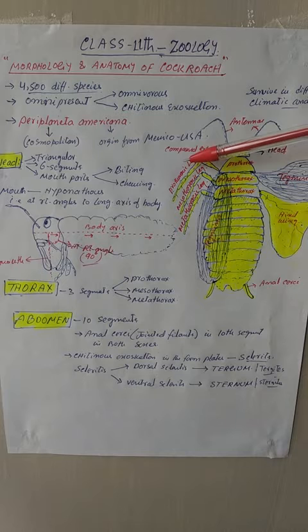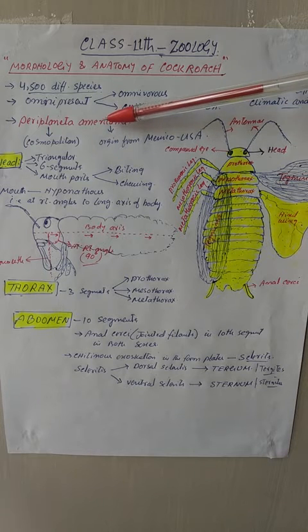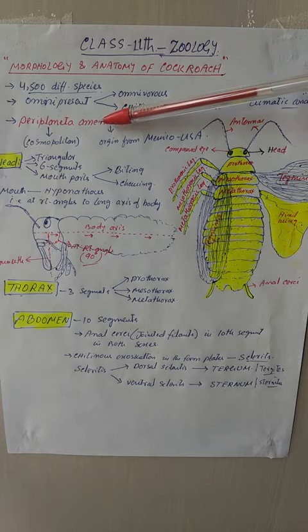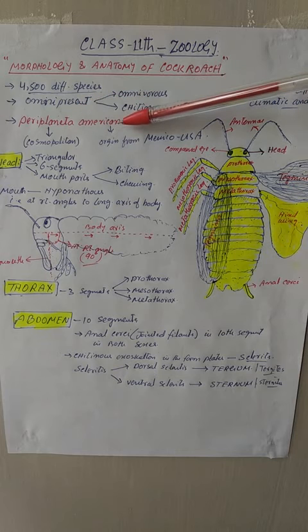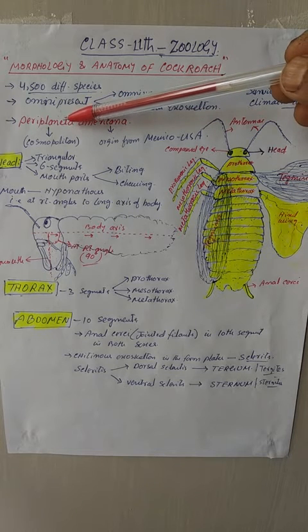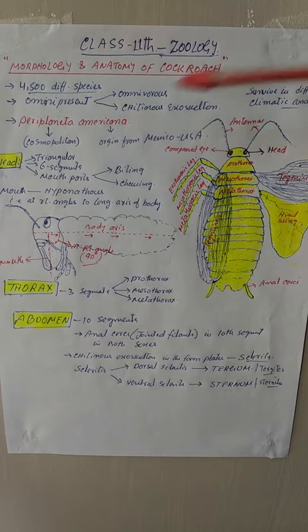That is why its species is called Americana, and the complete zoological name of this animal stands as Periplaneta americana, where Periplaneta is the name of genus and Americana is the name of species of this particular animal.